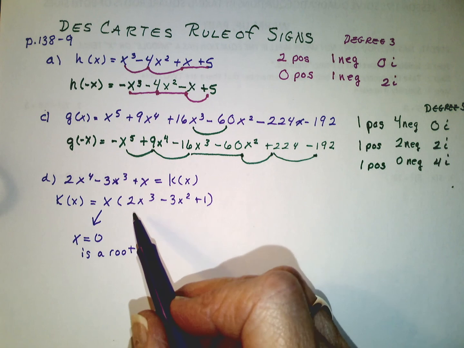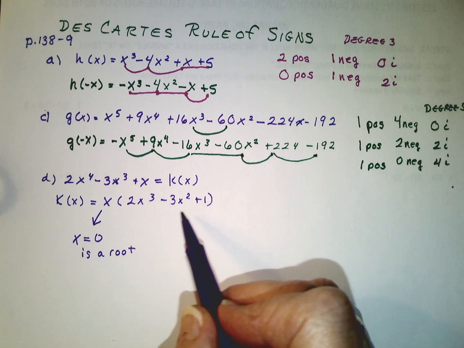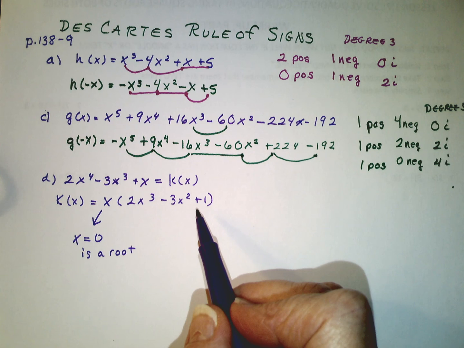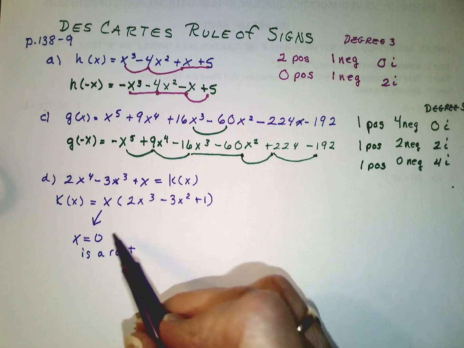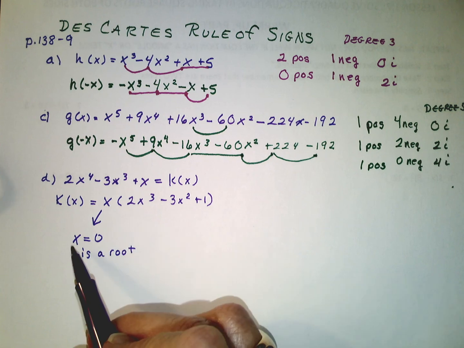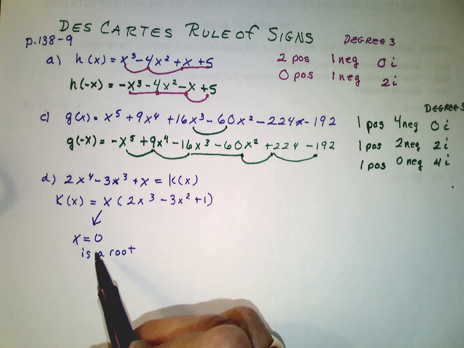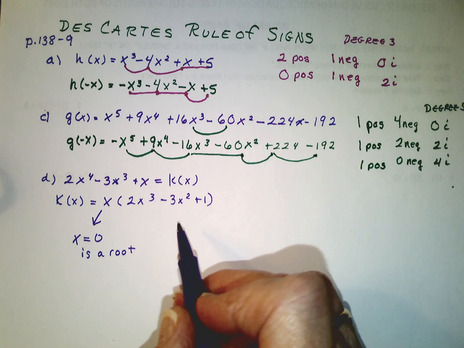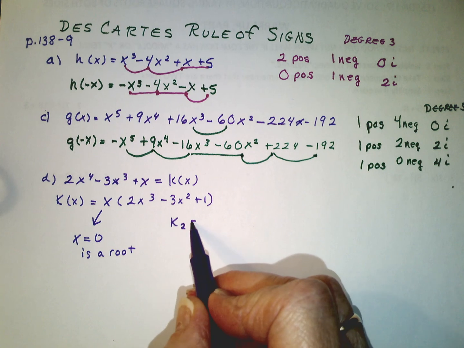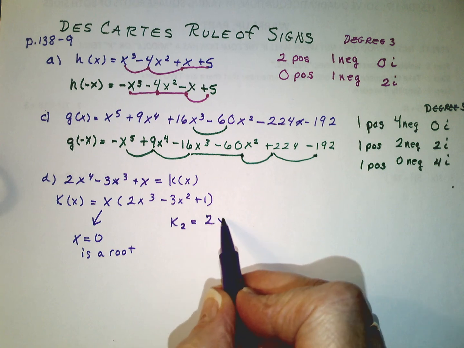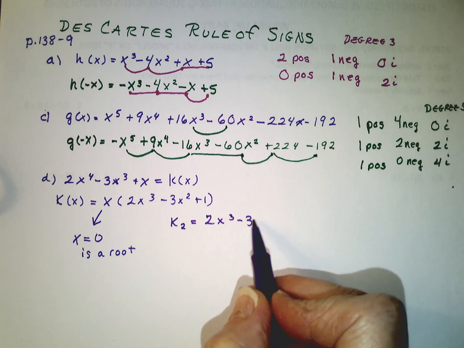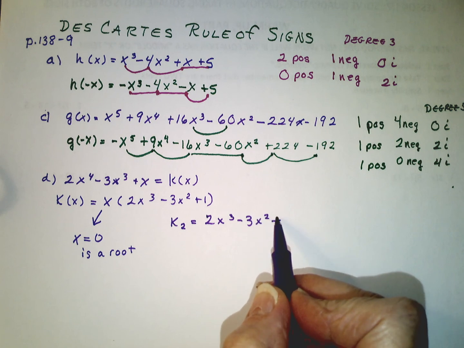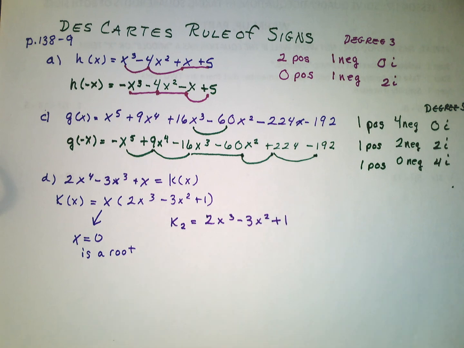So we're only going to use the part in the parentheses here. We already know this is a root. It's not a positive root, it's not a negative root. But it is a real number and it is a root. So I'm just going to call this K sub 2, equals the part in the parentheses.